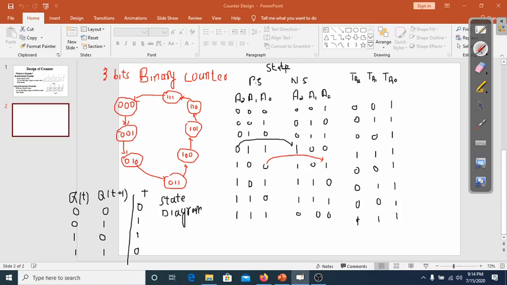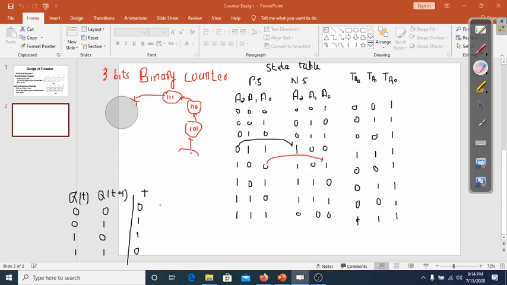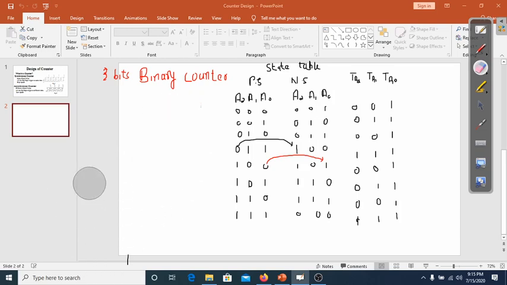I will reduce the state table by using Karnaugh map. I'm going to erase the state diagram, and this characteristic excitation table I'm going to remove.